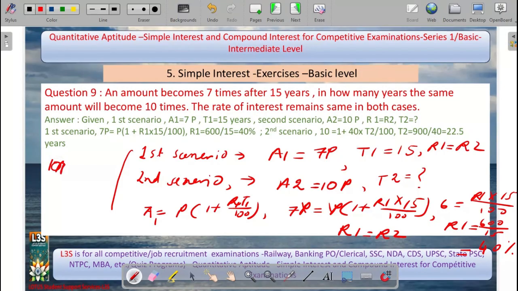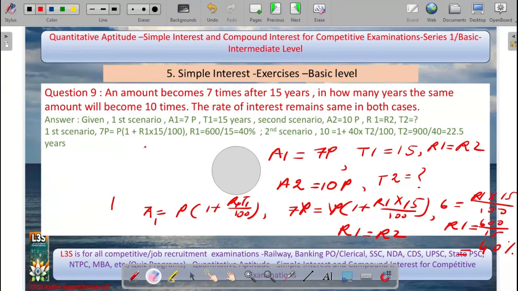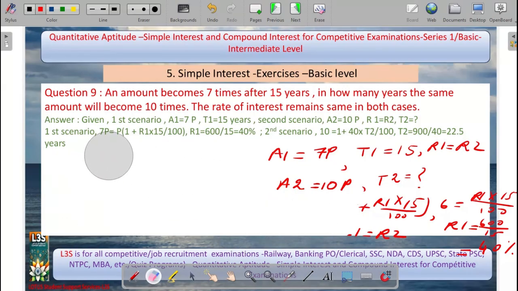Same formula we'll use. So here 10P. So in the second scenario we can write 10P equal to P1 plus R is 40 into T by 100. P, P cancel.